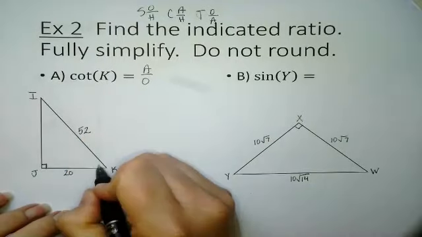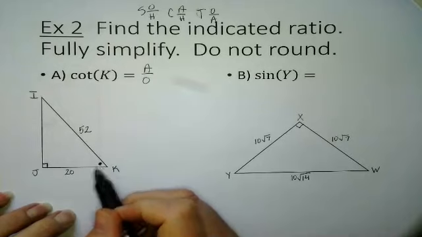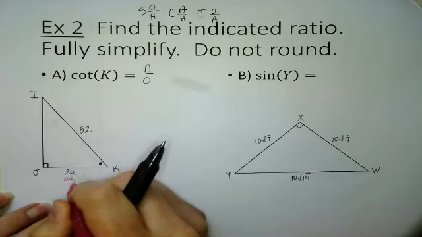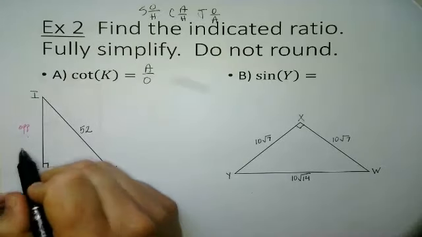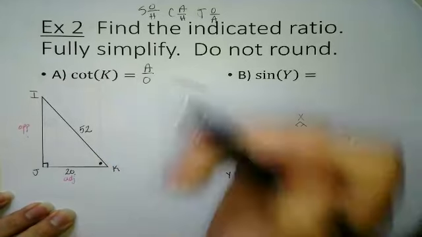Looking from angle K here, I need my adjacent side and my opposite side. So here is my adjacent side, and here is my opposite side. First, I need to figure out this opposite side, and to do that, we can use our Pythagorean theorem.